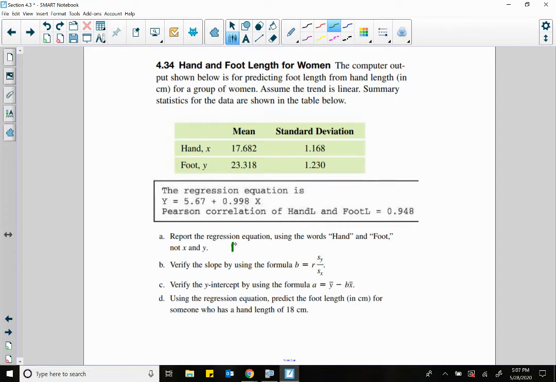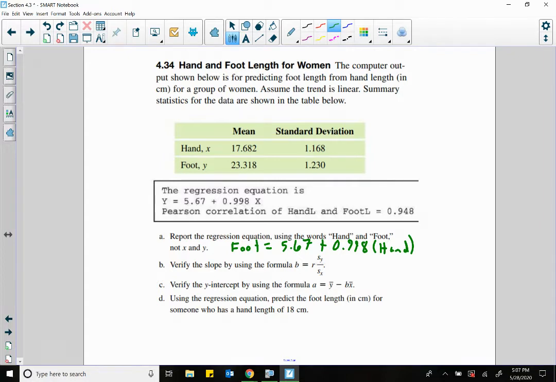So we'll call it foot equals, or you might put the word predicted foot equals 5.67 plus 0.998. X is hand. I put it in parentheses, but you don't really have to have it in parentheses. So that's what they want for part A.